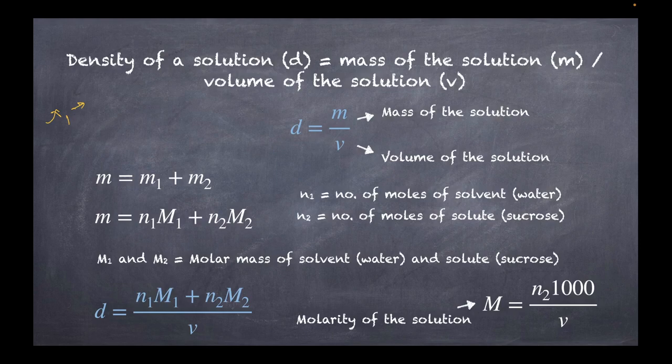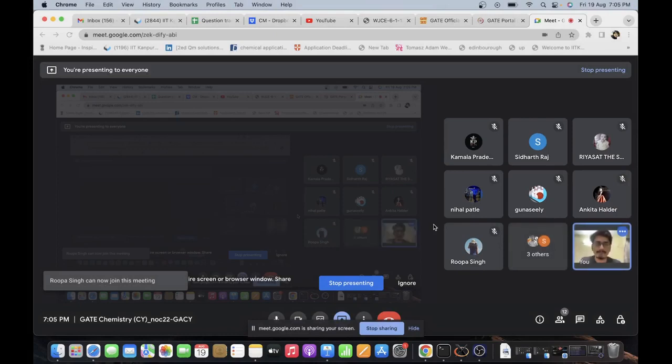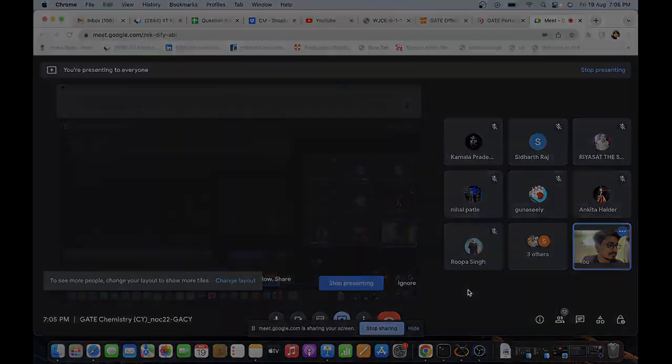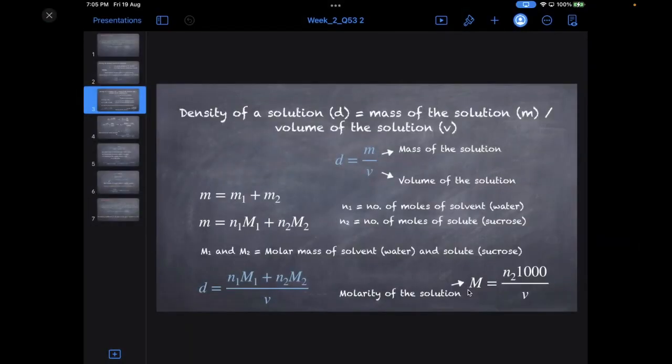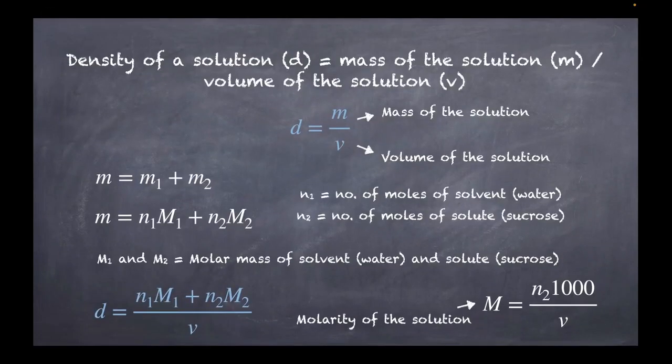We know the density equals m divided by v, where m is the total mass of our solution and v is the total volume of our solution.